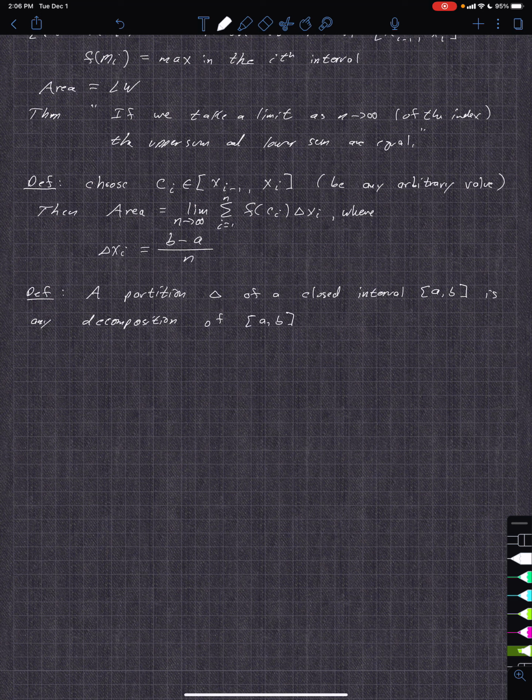It doesn't have to be uniform. The way we define this one up here is basically uniform. You're taking each of these delta x sub i's and breaking it up equally. A partition does not have to be that way.